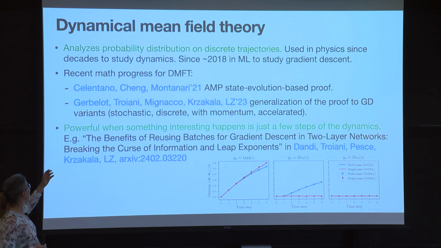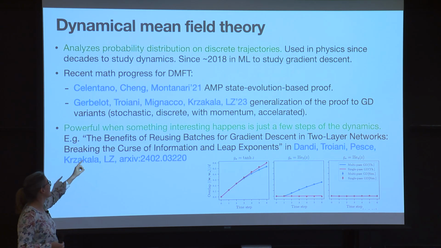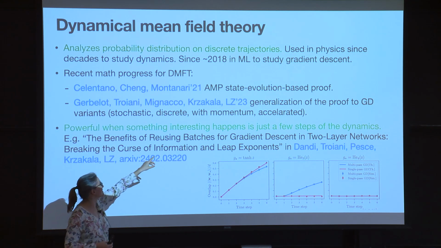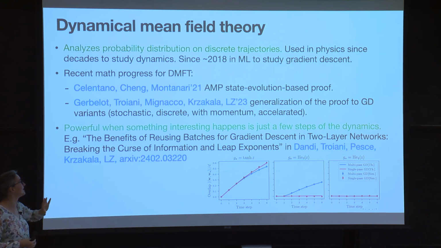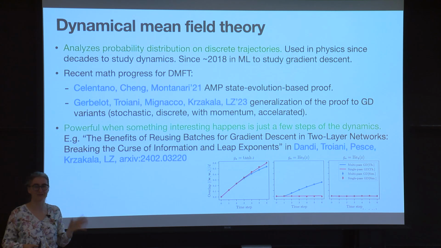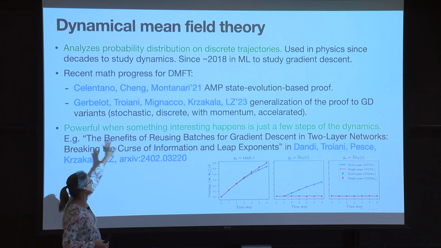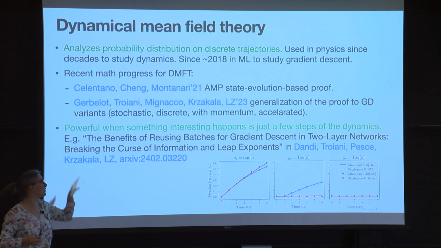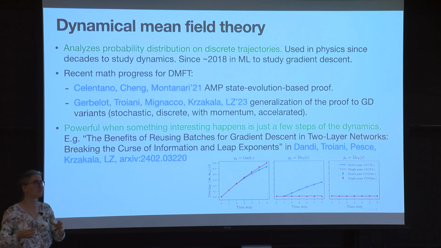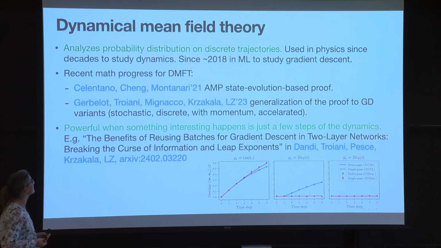And when Cedric Gerbelot realized that you can prove it this way, this group of people were working on different variants of the DMFT, including stochastic gradient descent and discrete steps and momentum and various kinds of accelerations. And once Cedric understood Andreas' proof, he actually generalized it and also simplified it to all those variants. So now we have a very generic proof for a very generic case.